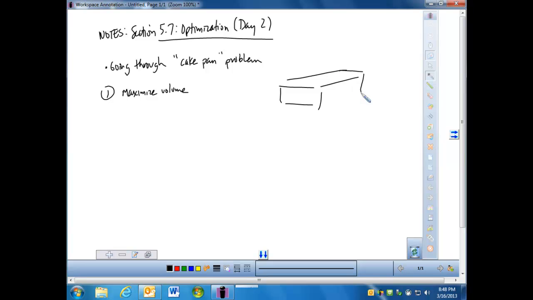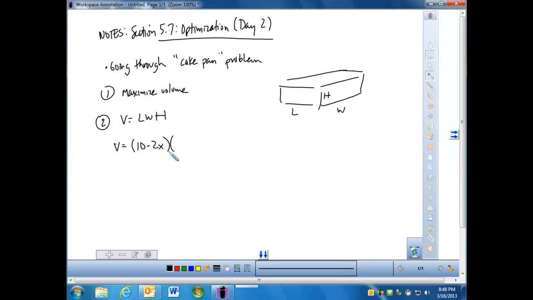Here's my diagram, which isn't a great diagram. You might want to draw it a little bit better in terms of what your actual variables are. Here's the formula that I want to use, but here's the kicker. I want to write that volume formula in terms of the variables of the problem.